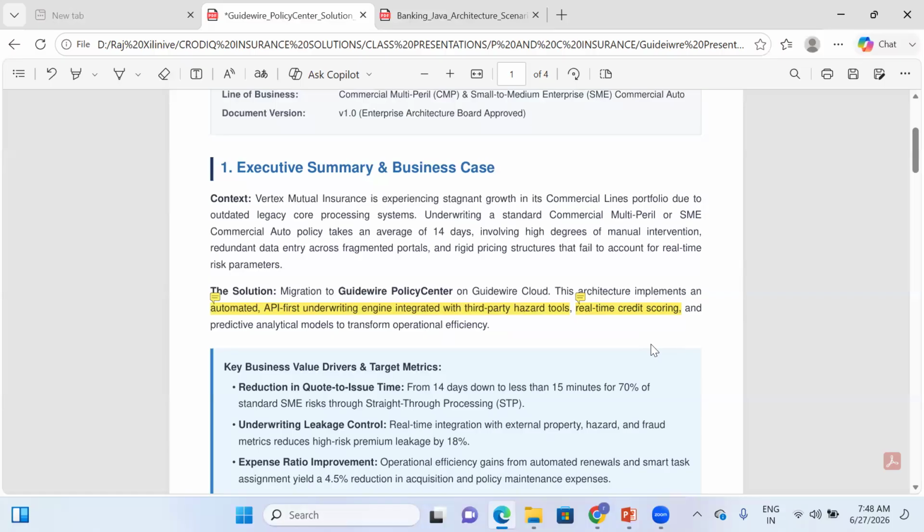Next, they need to connect with predictive analytical tools to transform the operational efficiency.